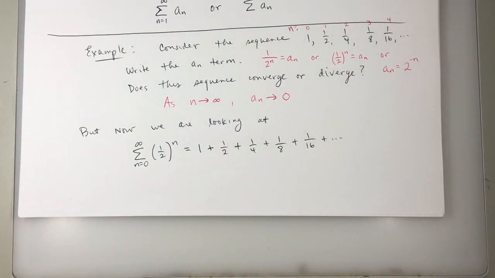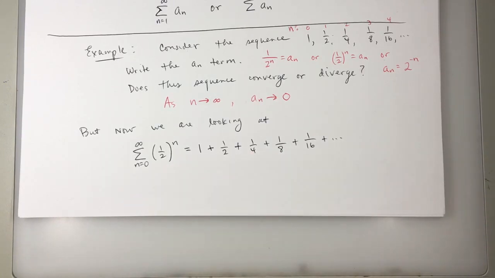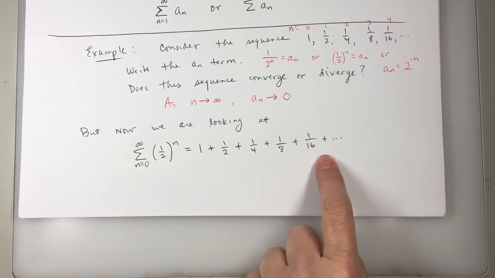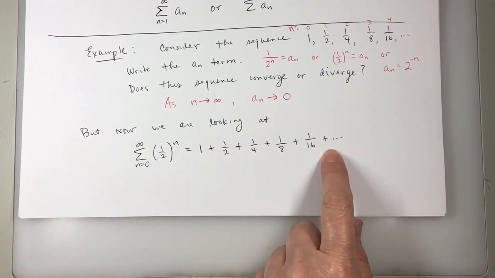And for a big part of this chapter, we want to look at this now and say, does this converge or diverge? And while I might not be answering that question exactly right now, I do want you to see if this converges, the sum. If the sum converges, does this go to 0?